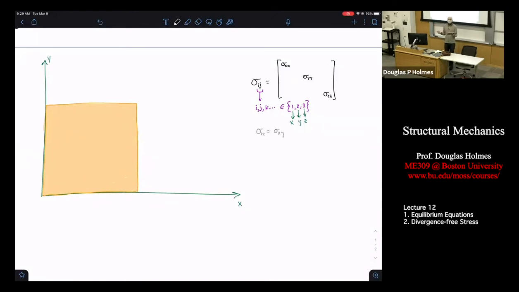The off-diagonal components of this thing, so this would be xx, this is going to be xy, this is going to be xz, and then we can go down here a little bit, this is going to be yz. The off-diagonal components, in which you have two different indices, are your shear stresses.